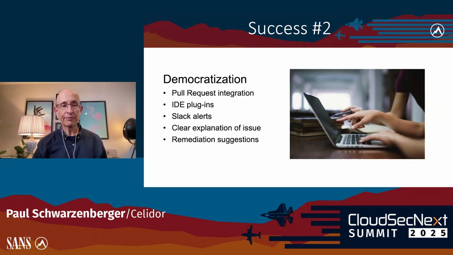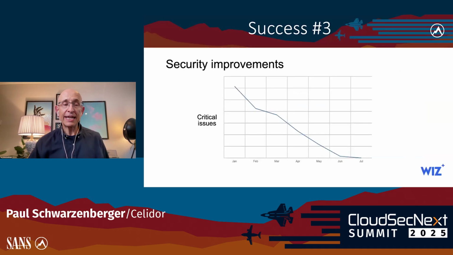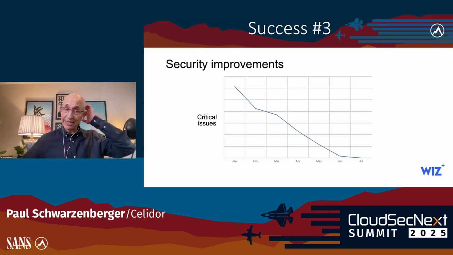So, okay, but at the end of the day, we all want to see improvements. And this is from one of the organizations that I worked with, where the number of critical issues, and this is Wiz, went down significantly from when the system was installed, and in 6 months we got the critical issues down to 0.